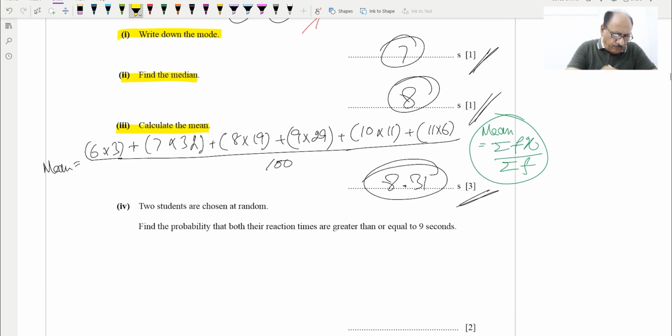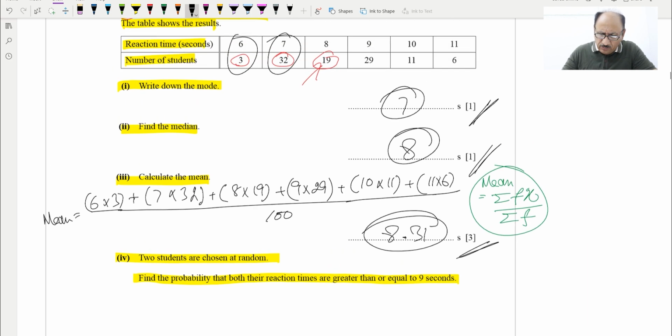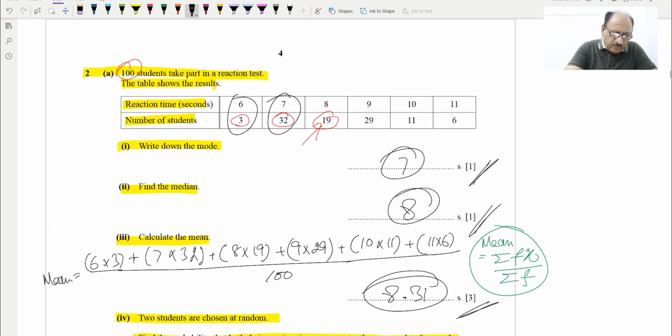And now the fourth part: two students are chosen at random. Find the probability that both their reaction times are greater than or equal to 9 seconds. So from 9 and above will be these ones.